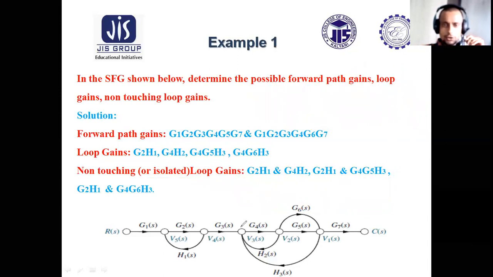Likewise, here, which are non-touching loops? See, this loop doesn't touch this loop. This loop does not touch this loop.